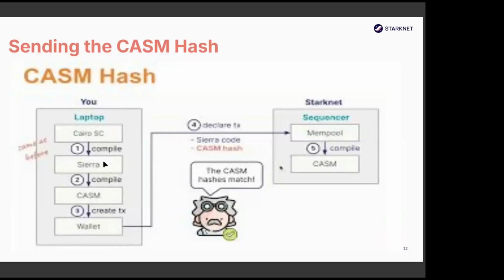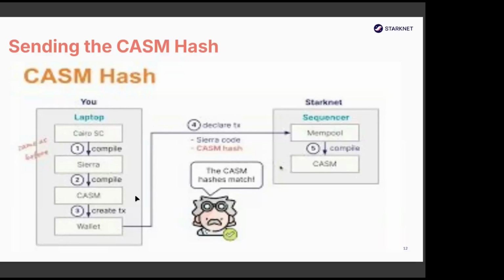From Sierra it is taken down to Casm, which is Cairo assembly.